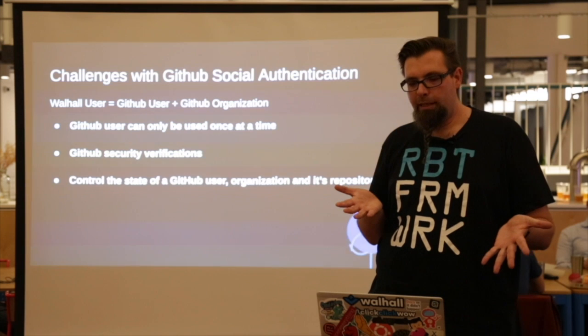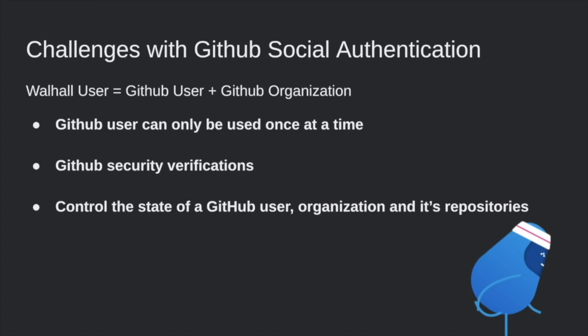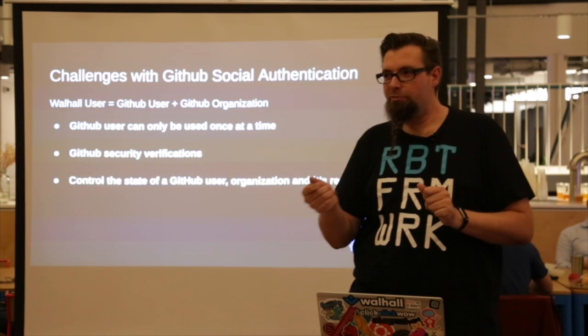So, my challenges with GitHub social auth. I have this constraint that one user in Valhalla has to have one GitHub account and has to have a GitHub organization, right? And I don't know, how many GitHub users do you guys have? I maybe have now 20, but it's really about automating the creation of a GitHub user.